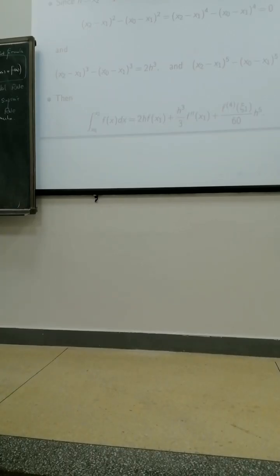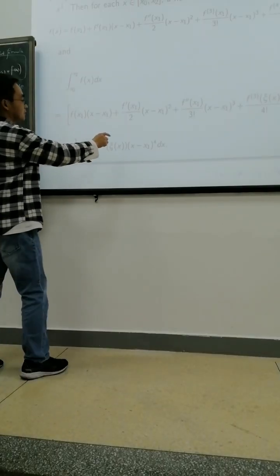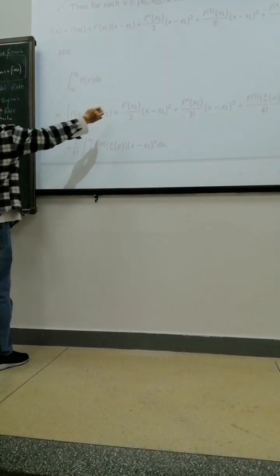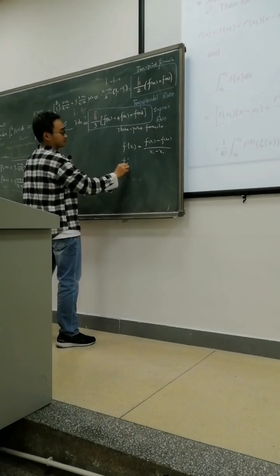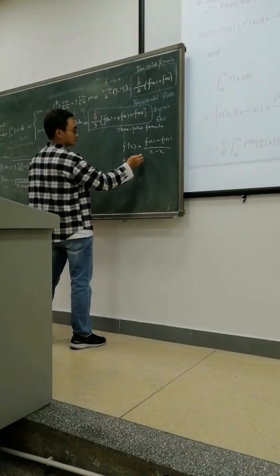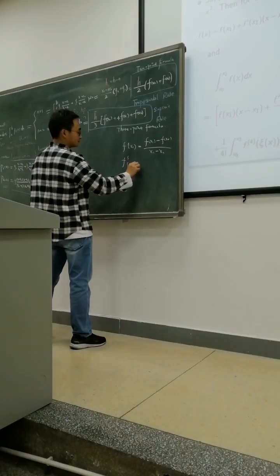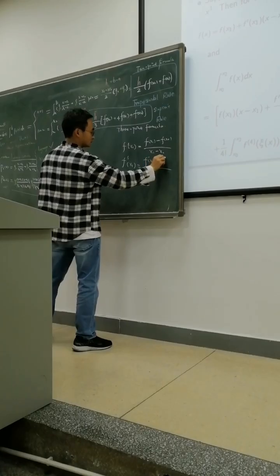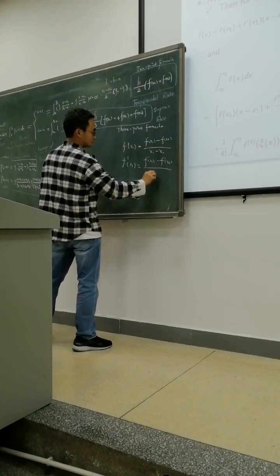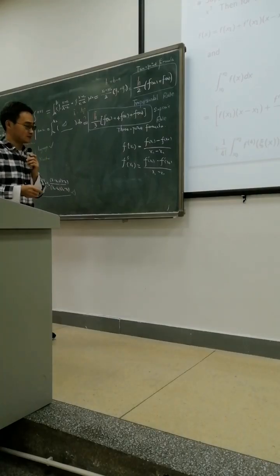If we put these two parts here, this f may be replaced by f of x1 minus f of x0, right? And this one may be revised like this to approximate.